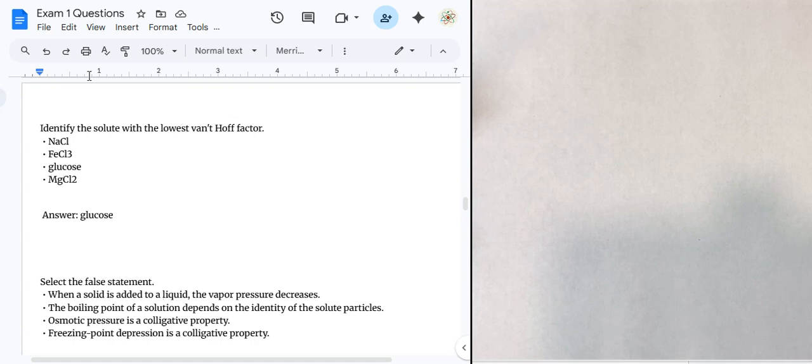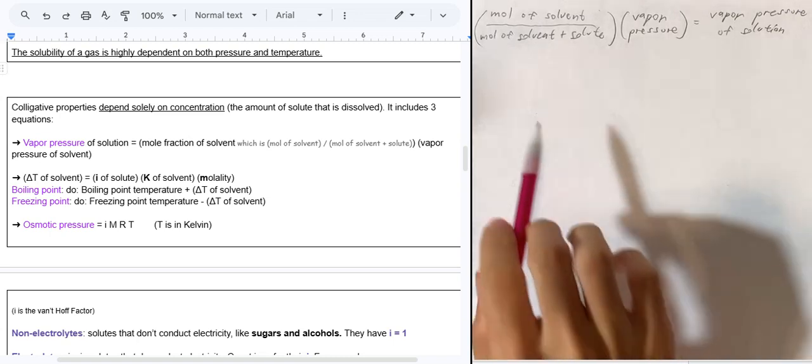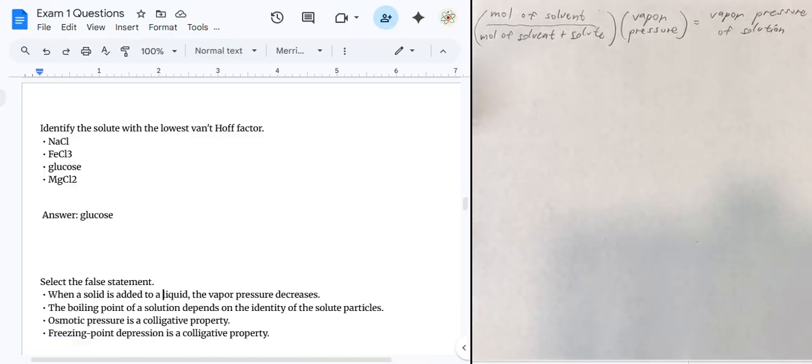I guess we can solve for this. So vapor pressure is the mole fraction of solvent times the vapor pressure of the solvent. And the mole fraction of the solvent is equal to the moles of solvent over the moles of solvent plus the solute. I wrote that down here. So the question is asking, is this true or not?